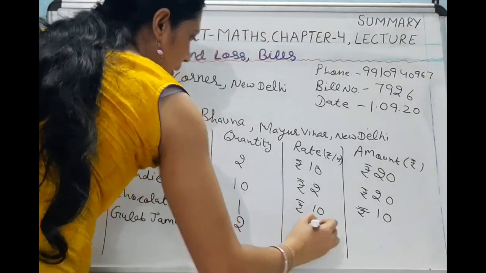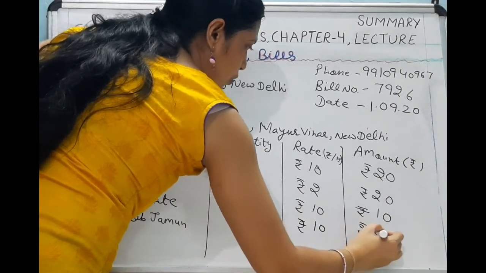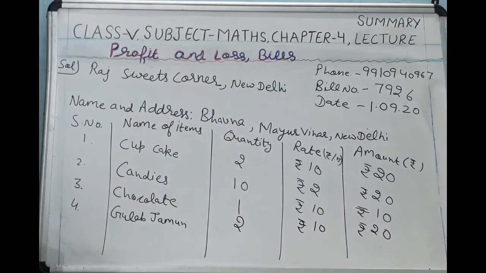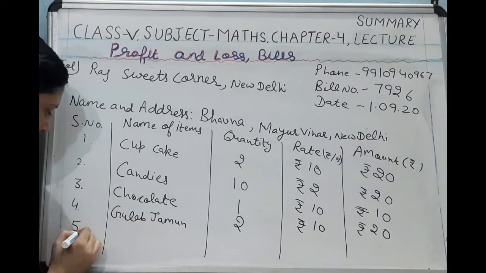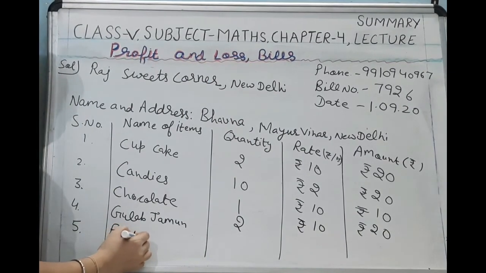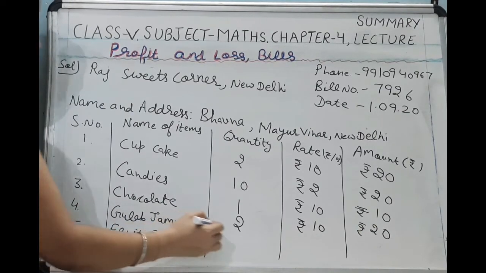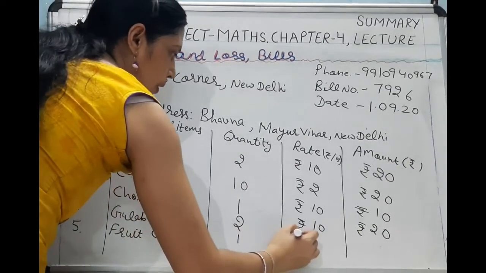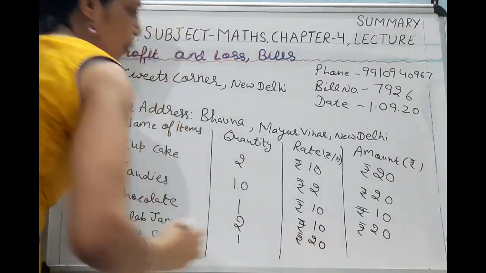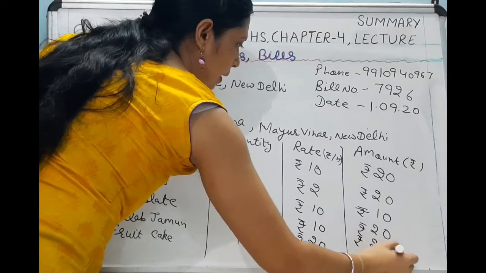Rate was rupees 10 each. So money given is rupees 20. And last item was fruit cake. Fruit cake. One cost was for 1 rupees 20. 20 ones are 20. So it will be 20 only.